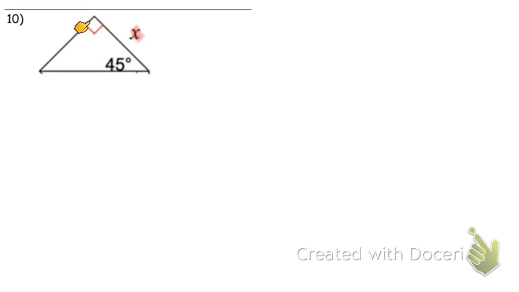The problem with this is that we don't know another side. We don't know the measurement of this side, or this side. So we can't just simply use this right triangle. What we have to do is use this other 45, 45, 90.